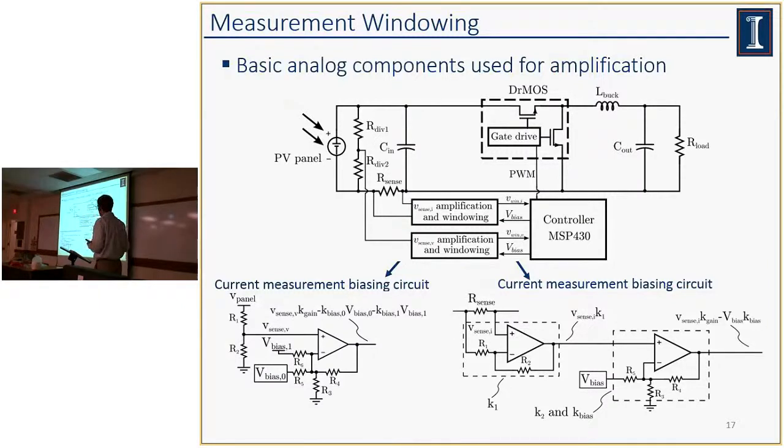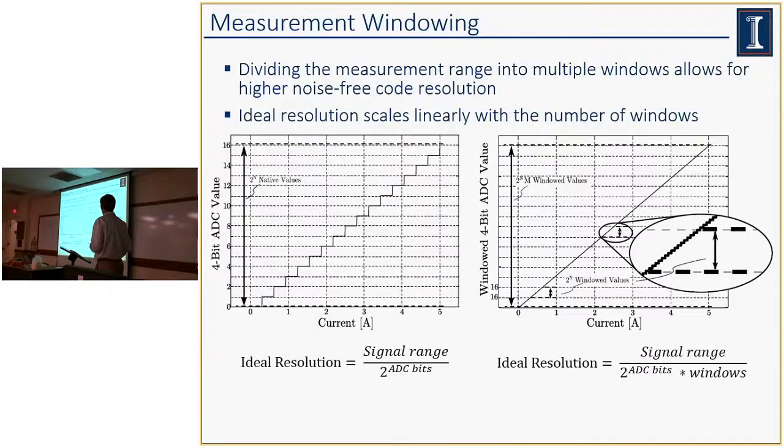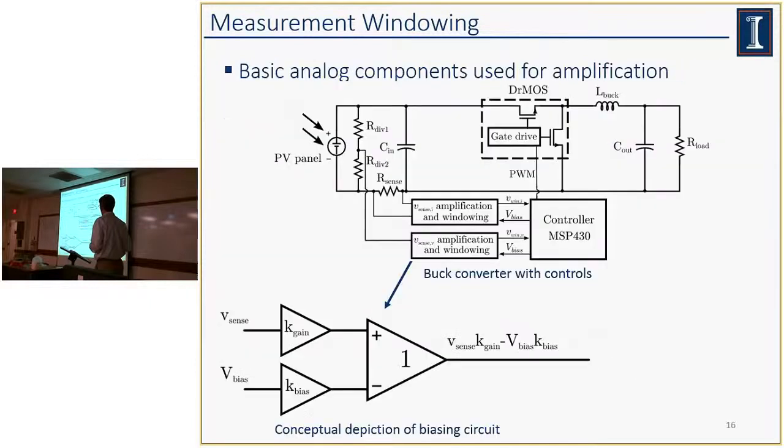But basically, these bias voltages are filtered voltages from the PWM, an extra PWM channel in the microcontroller. And what this setup does is it allows us to amplify this small signal range to fill the full range of the microcontroller ADC, and then we shift this full range up and down as the current changes.